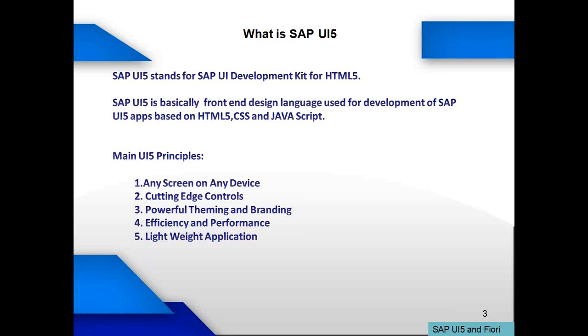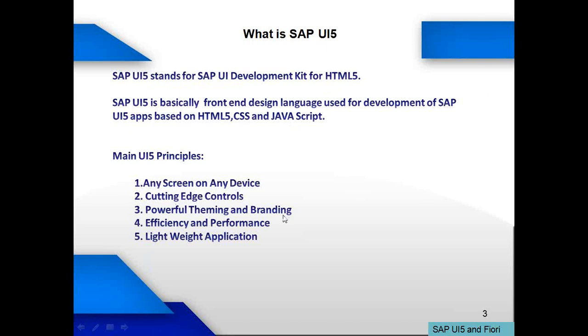So if you develop the application once, it should be accessible through any kind of device, and it should have a rich set of controls like a charting library, social media integration, and it should render media based files too. UI5 is based on HTML5, so it will render all these kinds of controls.